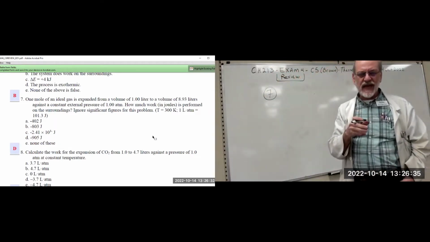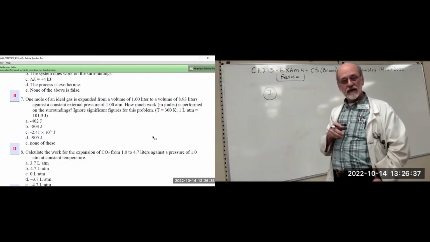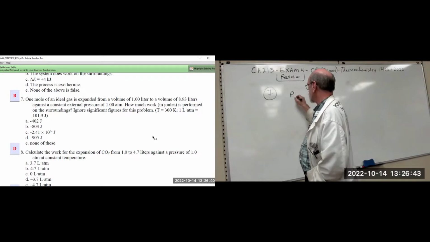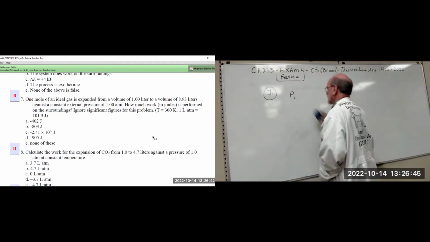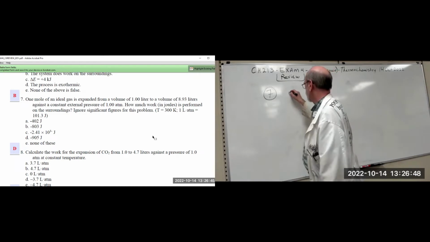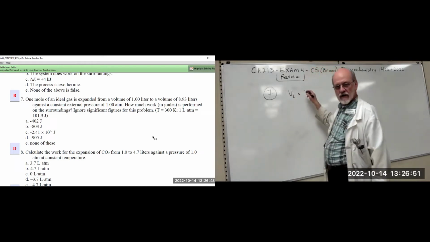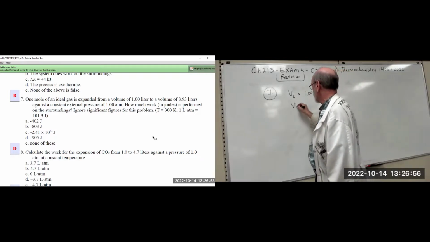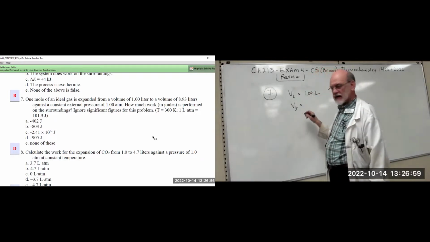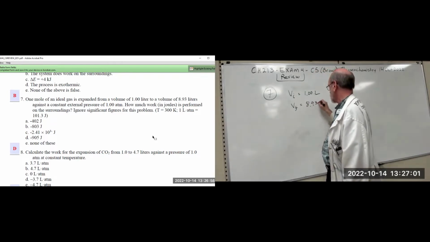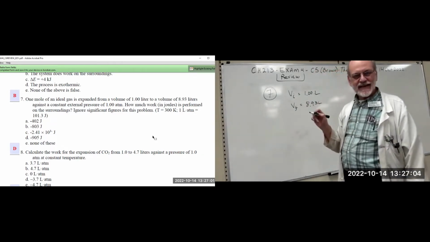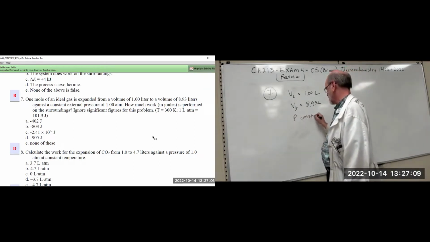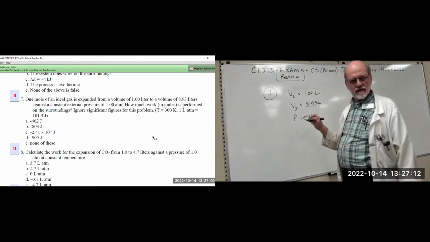One mole of an ideal gas is expanded from a volume of 1 liter to a volume of 8.93 liters. So we're going from an initial volume of 1 liter to a final volume of 8.93 liters against a constant pressure of 1 atmosphere.